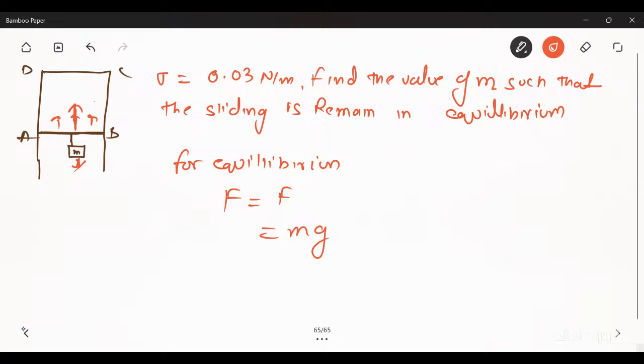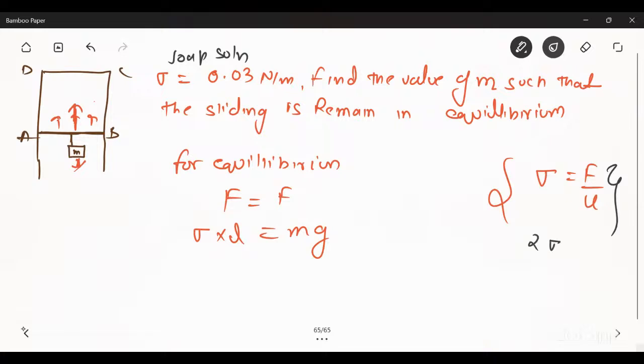And the value of F is surface tension into length. We know that surface tension is equal to force per unit length, so F is equal to sigma into L. But here it is given that it is a soap solution. In physics we consider that soap solution has two thin surfaces, so we will take it as 2 sigma into L.